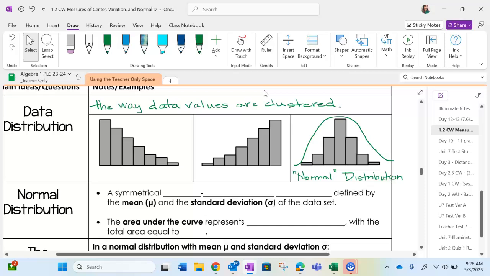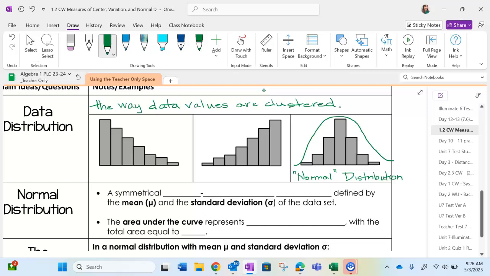All right, and if you look at these other two, they're not symmetrical. So what you can tell is as you go over this high part, you get what we call a tail. And the tail is on the positive side. So we call this positive skewed. I want you to make sure when we're talking about skewed, you are looking for the tail.